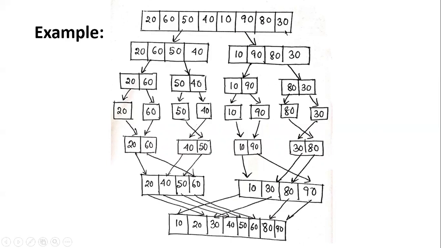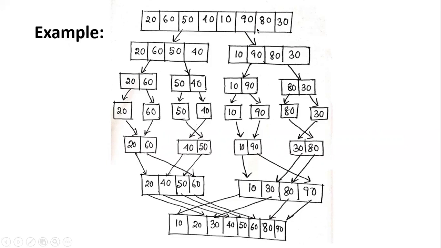Thus the array is initially unsorted. Now I shall split this array logically into some subarrays until I reach one element per array. I am dividing this array into sublists.